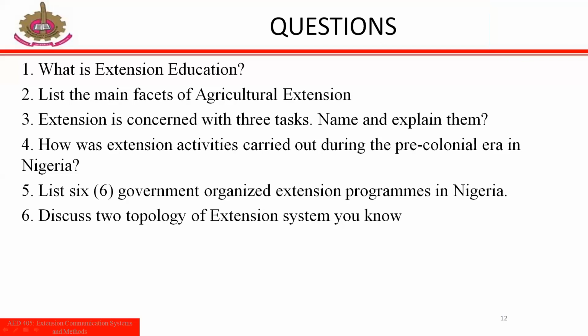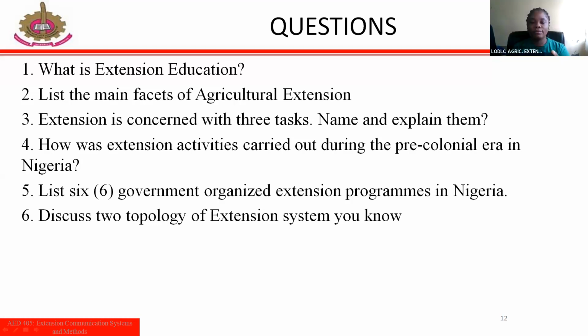Okay, ma. So the answer is community-based extension system and top-down extension. The community-based extension system focuses on bringing out increased productivity of a particular farm product to the enterprises.